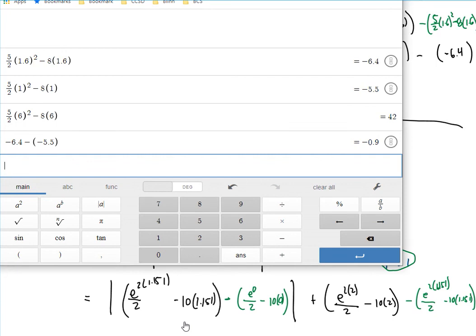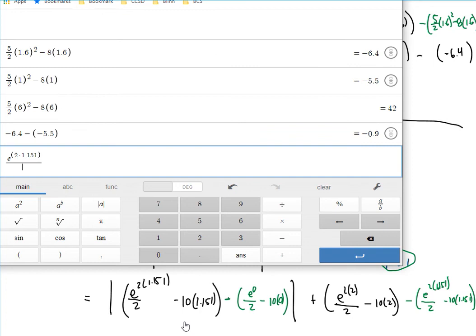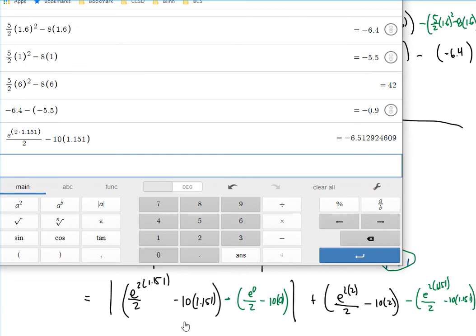So I've got e to the 2 times, let's put that all in parentheses, 2 times 1.151, parentheses, move it over, divide by 2, and then minus 10 times 1.151, parentheses. Okay, so we get that number, the negative 6.513. So I'll do it to 3 decimals.